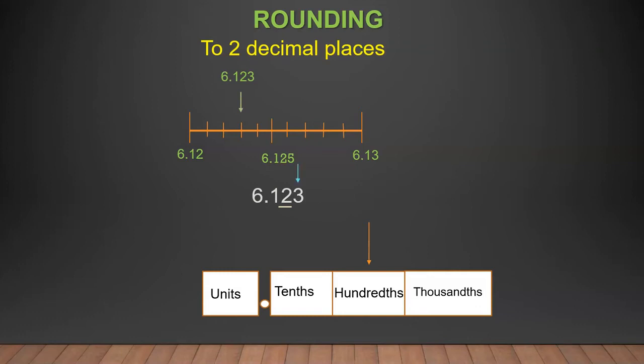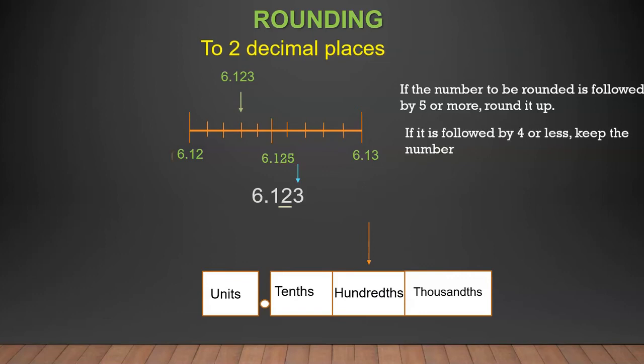As you can see, 2 is followed by 3, which is less than 5. So if a number is followed by 4 or less, you keep the number. So we're going to round that down to 6.12, and that is your answer.